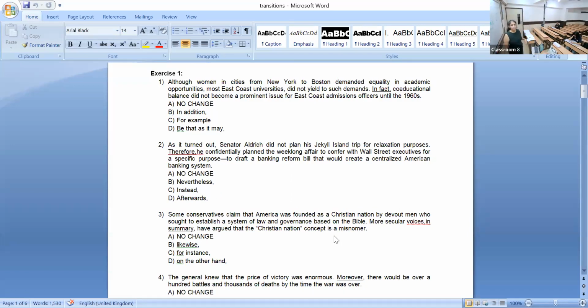So this is your worksheet for transitions, guys. And that was the question. I'm sorry. I'll show you that question again. Okay, you guys can start the worksheet.